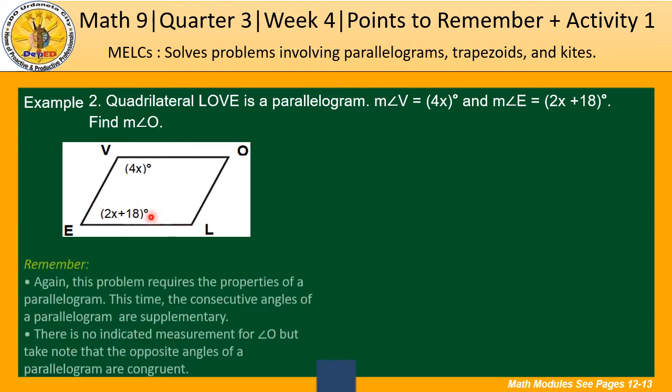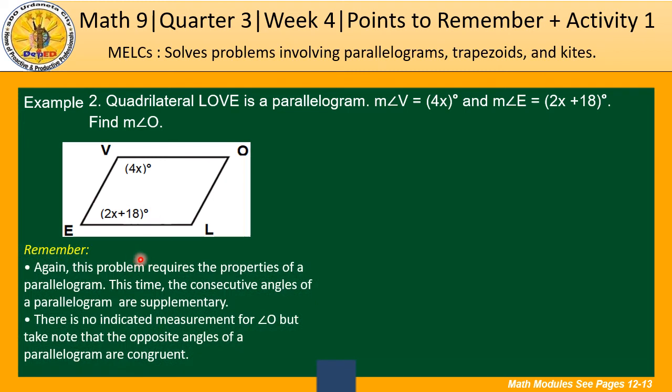With this, it requires again the properties of a parallelogram, but this time consecutive angles of a parallelogram are supplementary. These two angles are supplementary because they're consecutive, and also these two angles.